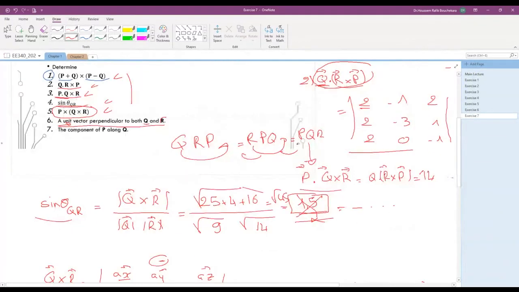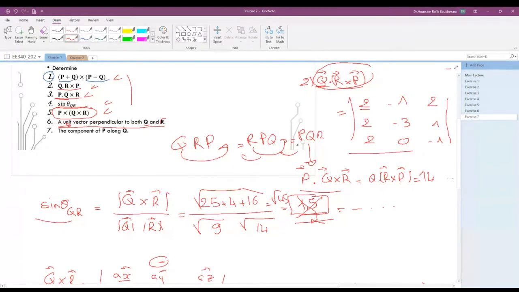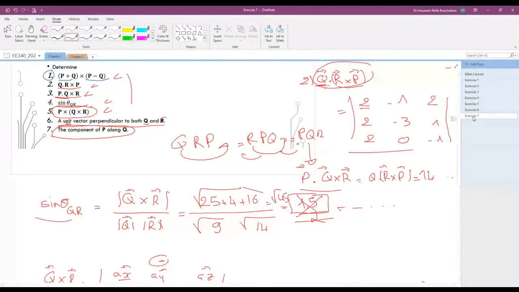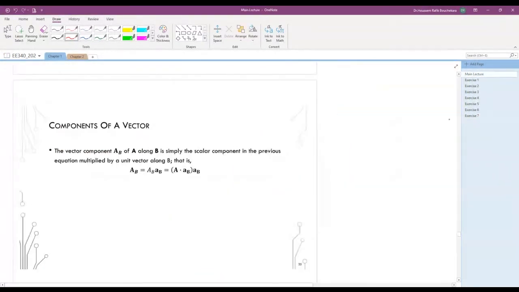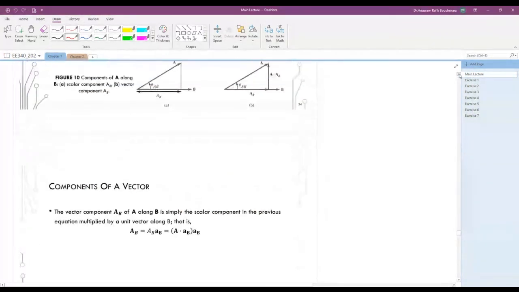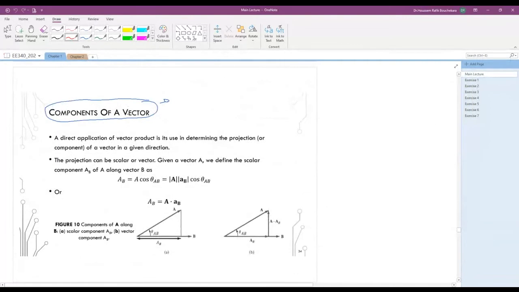Okay, last question: the component of P along Q. This one we need to go back to the main lecture and see the last section, which is the component of a vector. What does component of a vector mean?